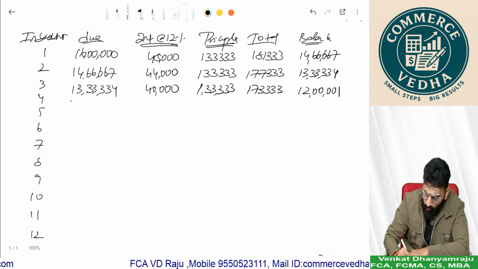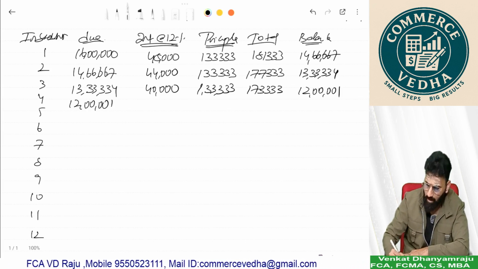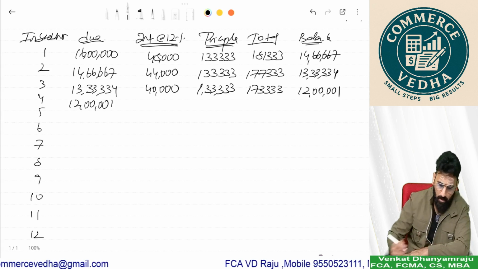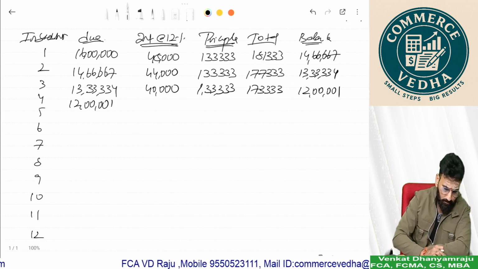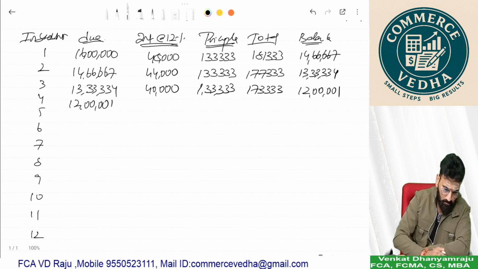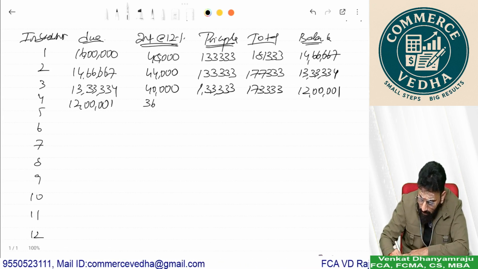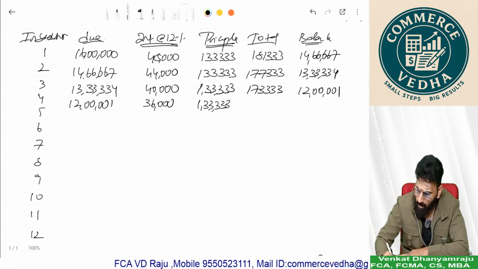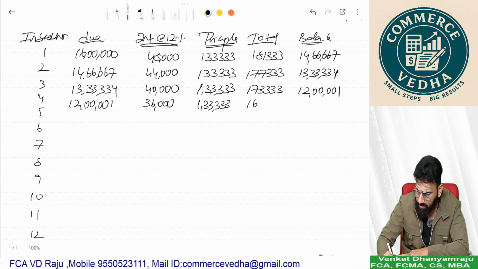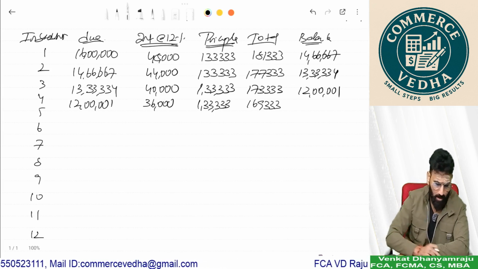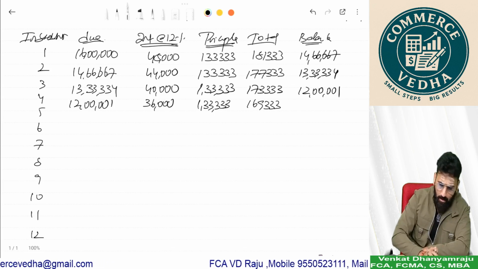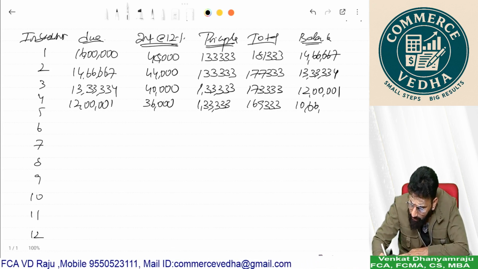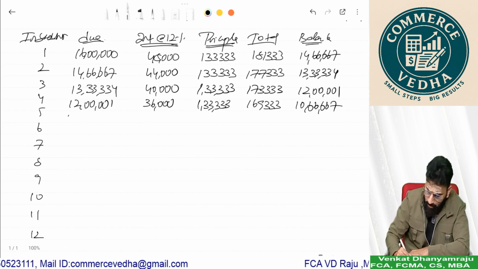That should be the fourth installment and the interest on that is 36,000. This remains the same principal and the total is 169,333 and 12 lakhs minus the principal 133,333 is 10 lakh 66,667.